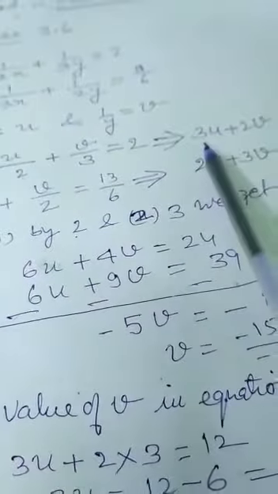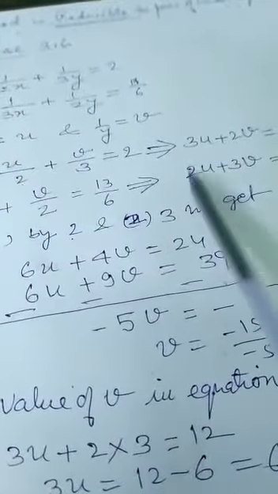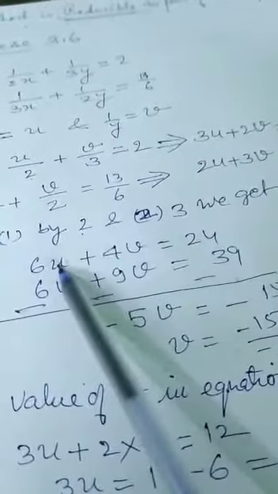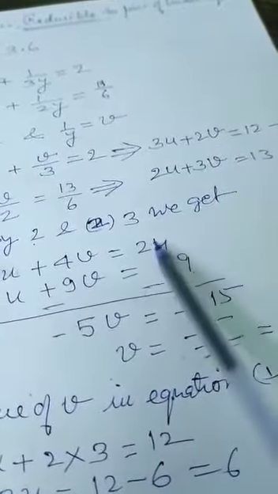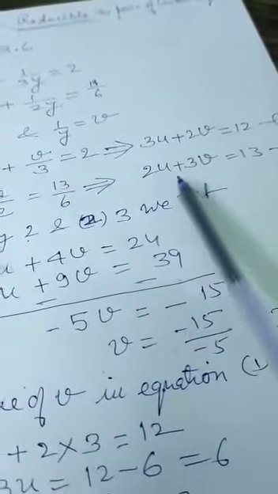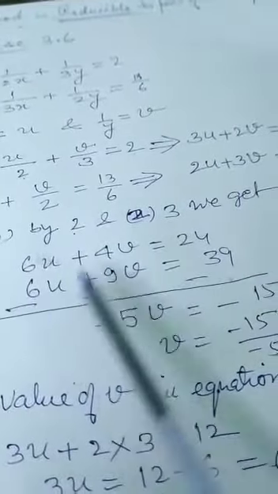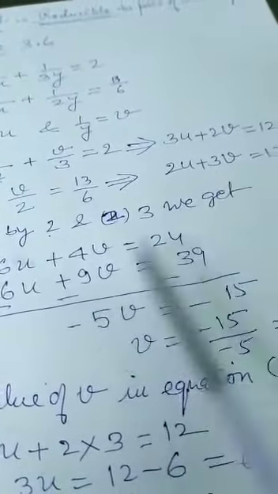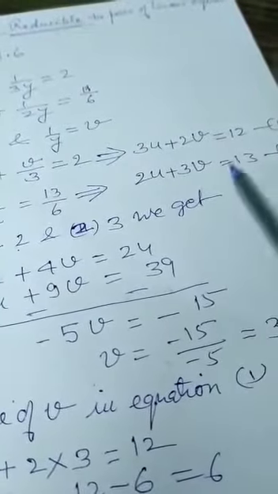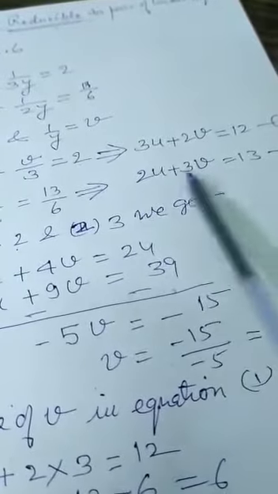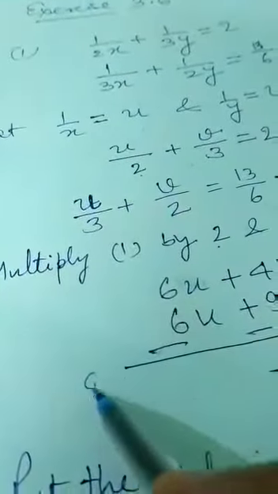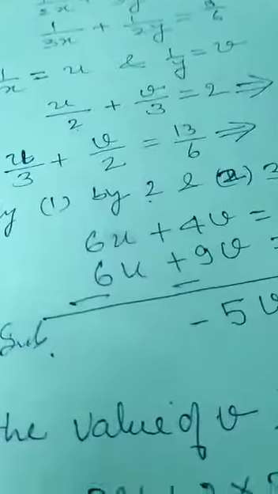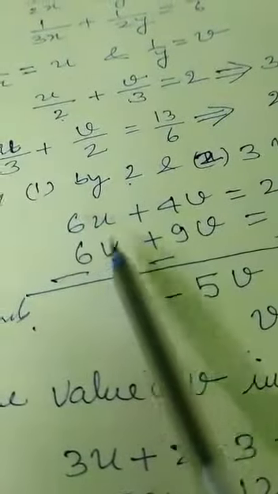When you multiply the first equation by 2, you get 6u plus 4v is equal to 24. The second equation multiplied by 3 gives 6u plus 9v is equal to 39. Now subtract; in subtraction the signs change in the lower part.